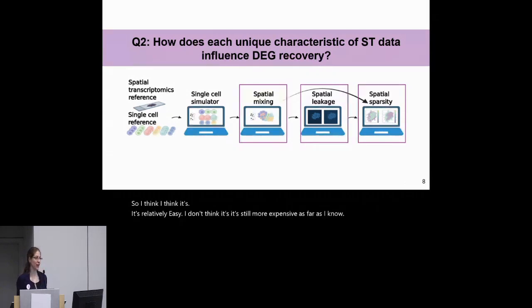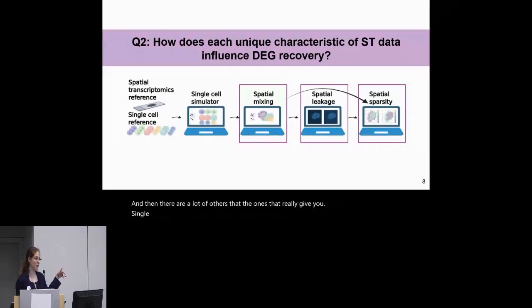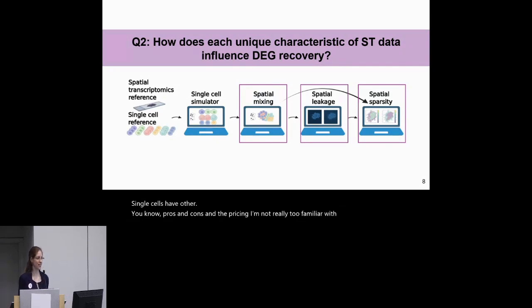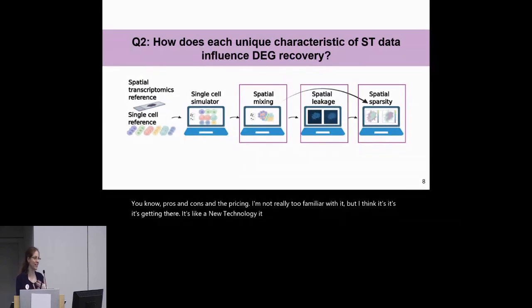And then there are a lot of others, the ones that really give you single cells, that have other pros and cons, and the pricing I'm not too familiar with, but I think it's getting there. It's like any technology; it always takes time to refine it and make it more available to everyone. Yes, thank you.